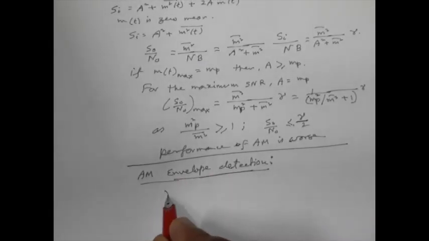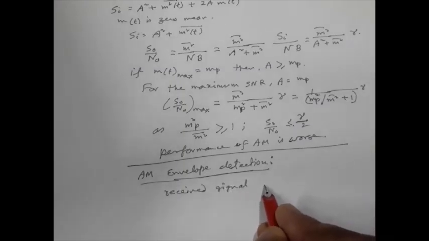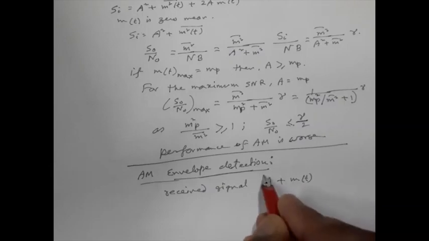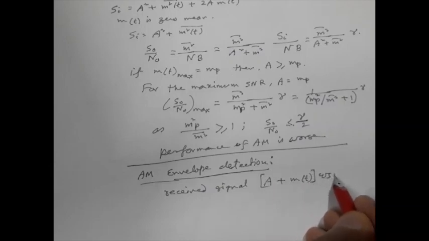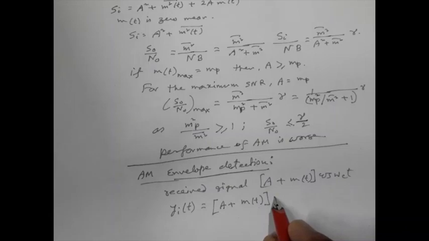Here the received signal is (A plus m(t)) cos omega ct. The demodulator input y(t), we have to first calculate, y(t) is (A plus m(t)) cos omega ct plus the channel noise.